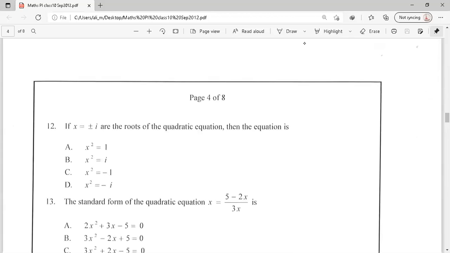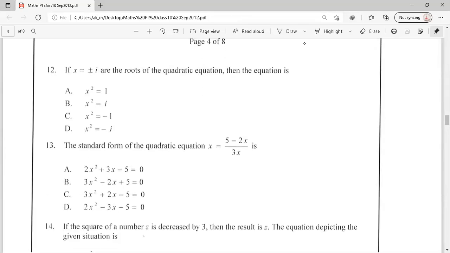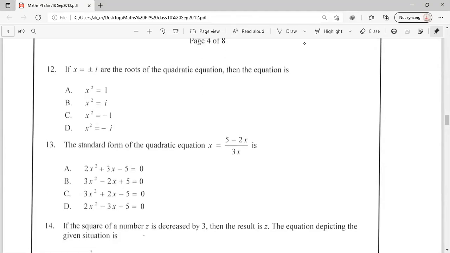Then we have question number 12. If x equals plus minus iota are the roots of the quadratic equation, we have to identify the quadratic equation. So here we have four quadratic equations, and we have to identify the one where x is equal to plus minus iota.